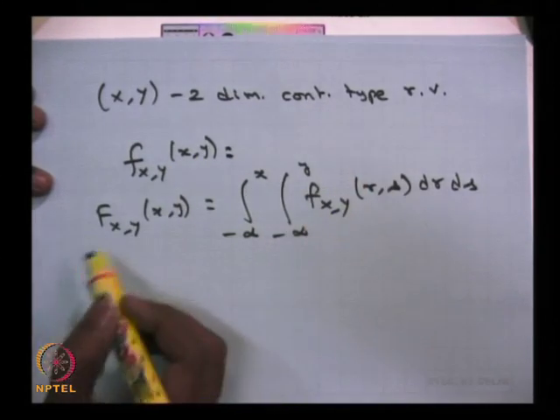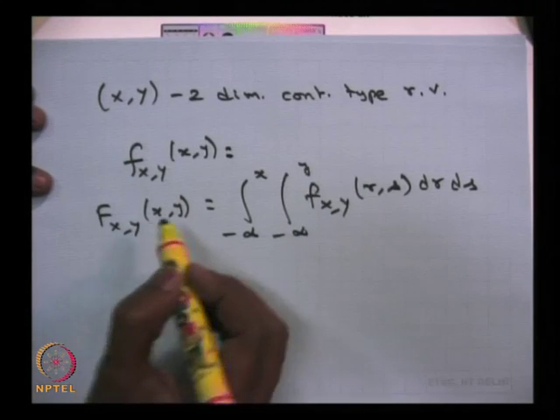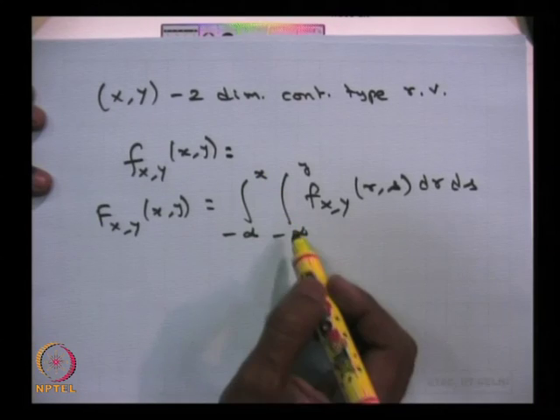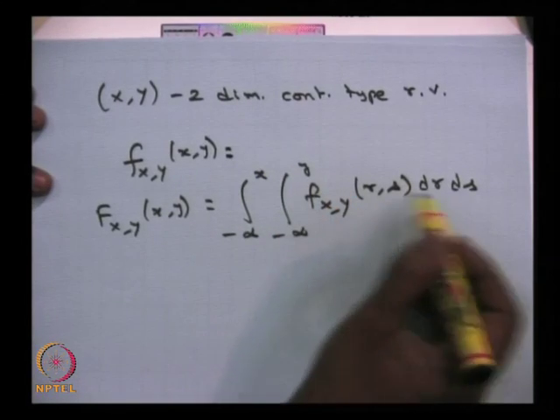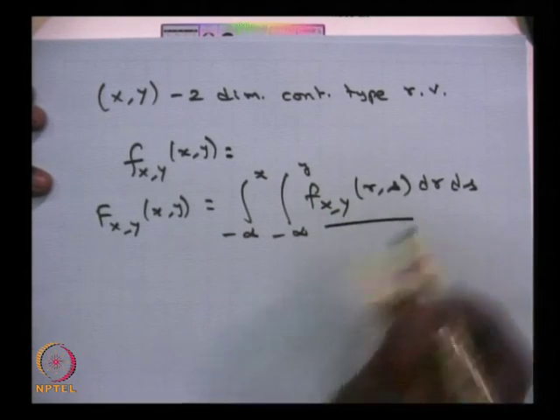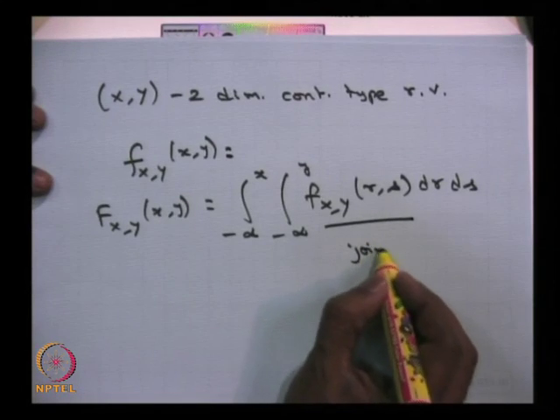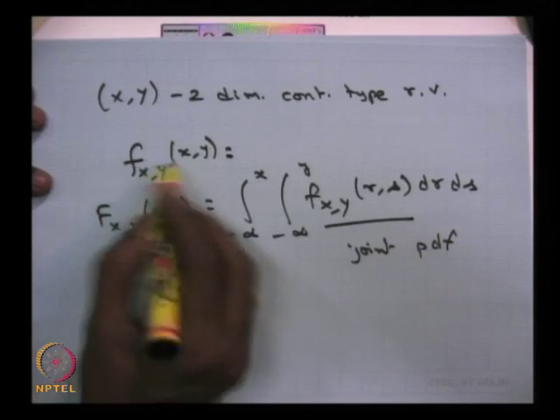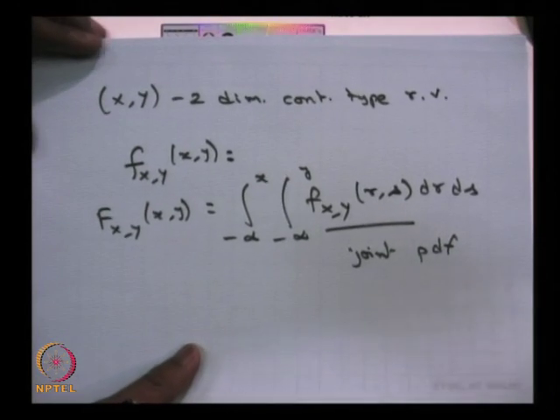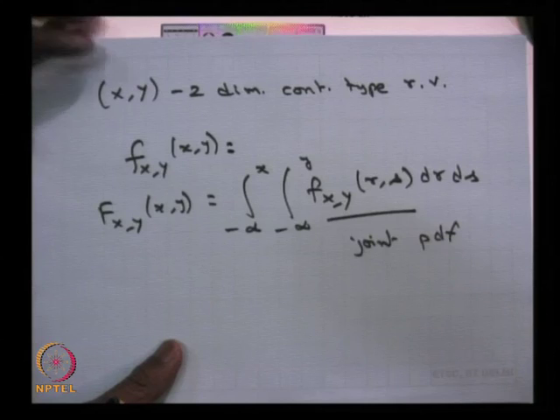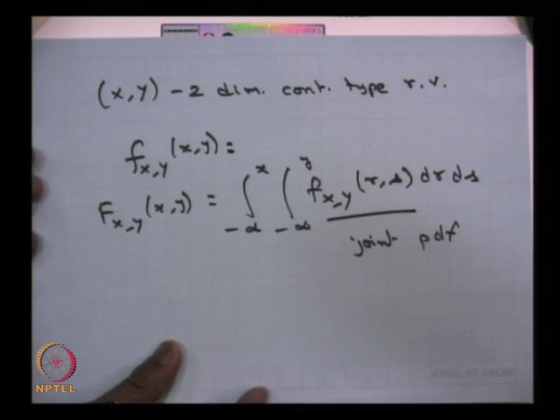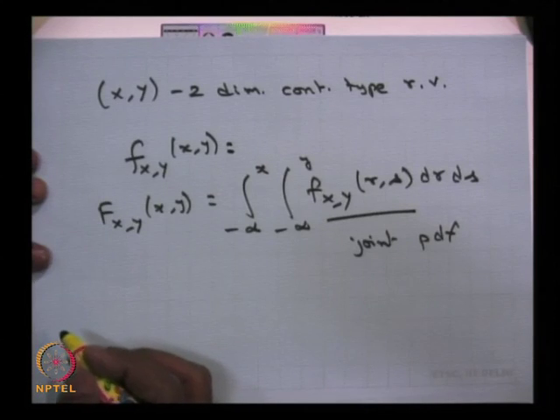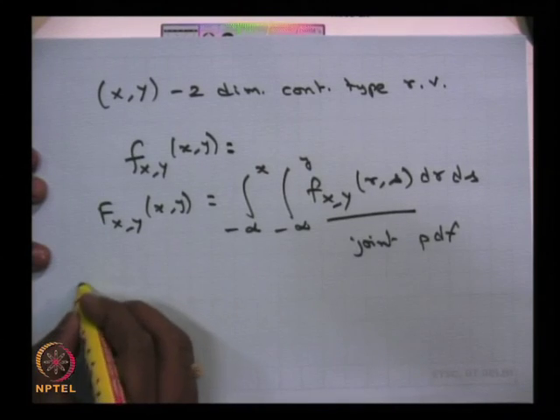The continuous function in x and y can be written as the integration from minus infinity to x and minus infinity to y of this integrand, dr ds, whereas this integrand is called the joint probability density function for the random variable x comma y. So there is a relation between the joint probability density function and the CDF. I can give a few examples.